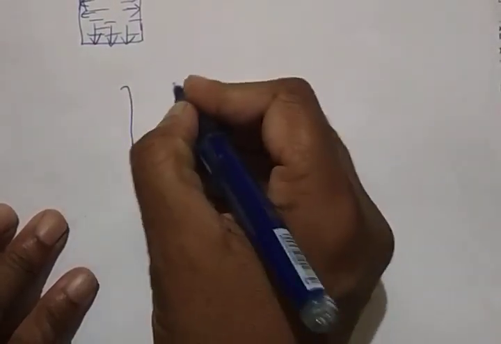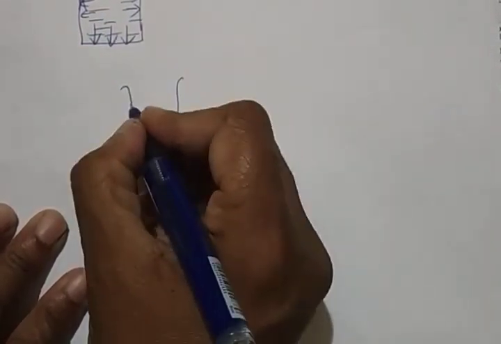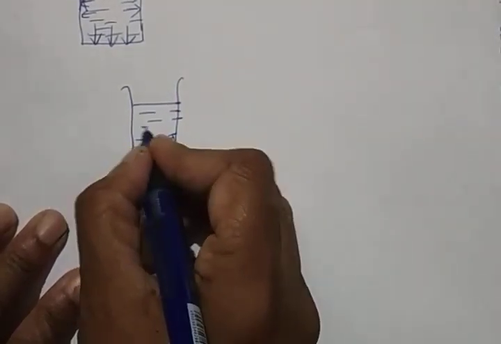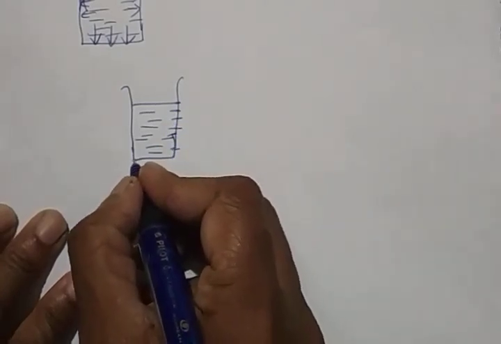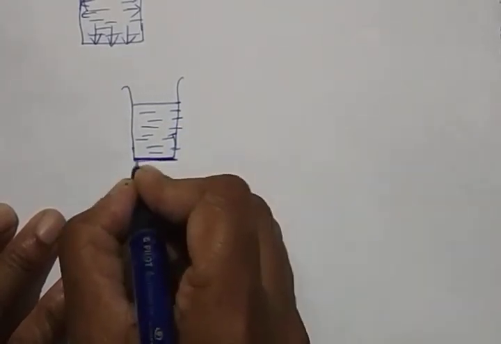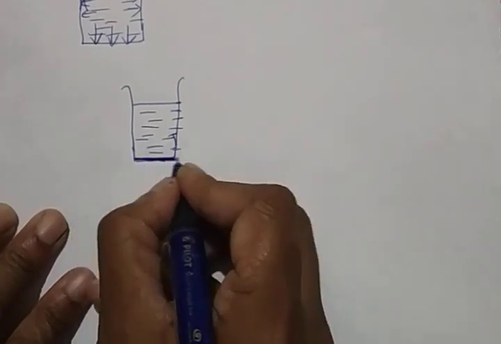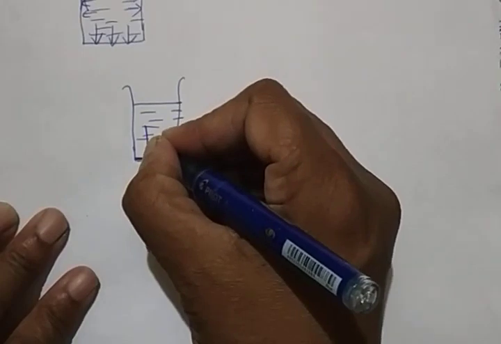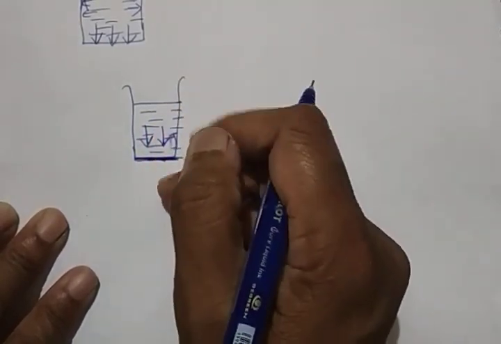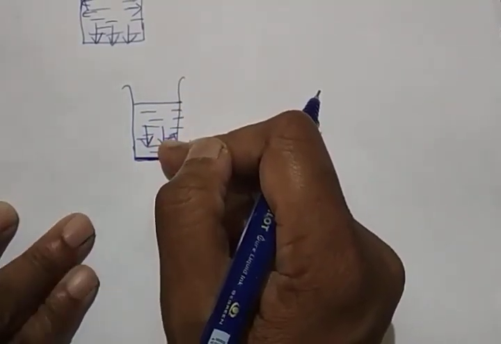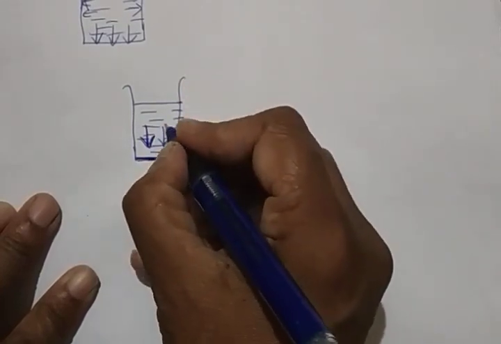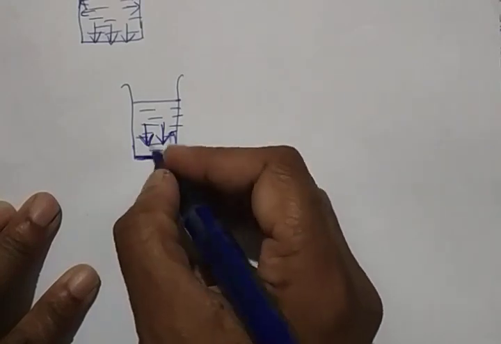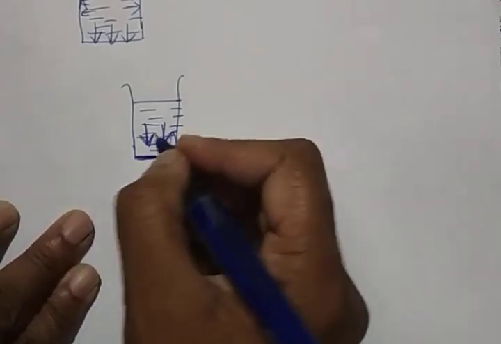Now how does liquid exert pressure, or why does it exert pressure? Suppose you take a beaker having water. If I want to measure the pressure exerted at the base, this liquid that is above has a weight, and therefore it exerts a force or thrust on the base, and that is why it is exerting pressure.